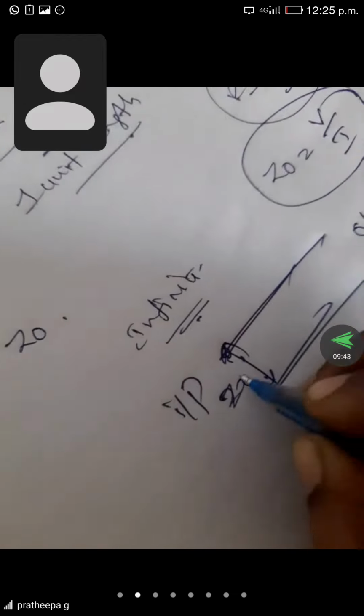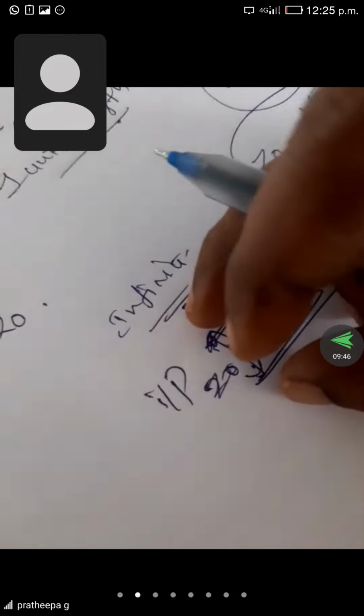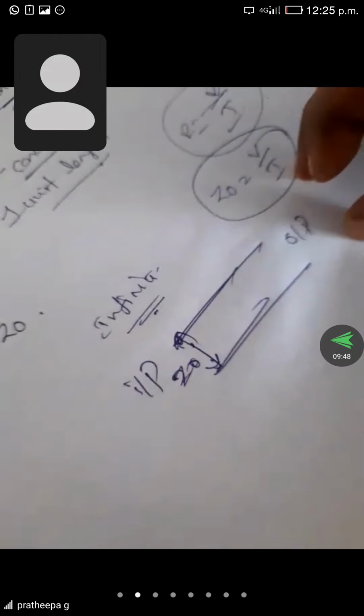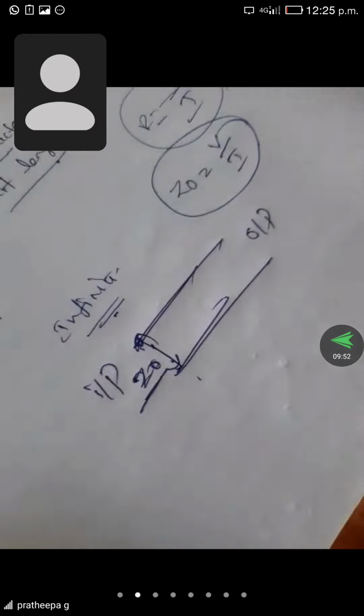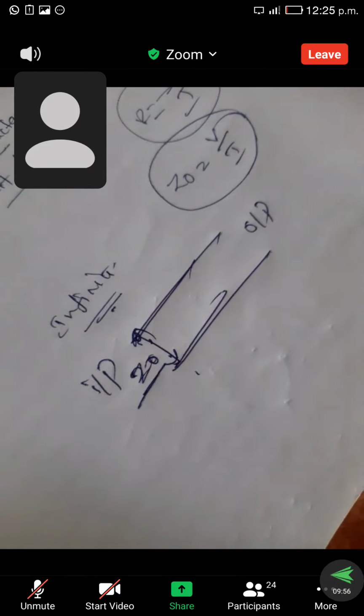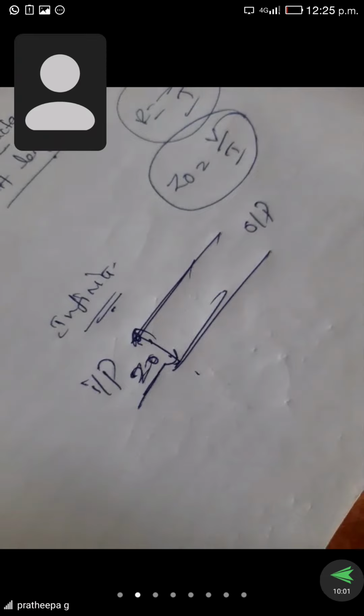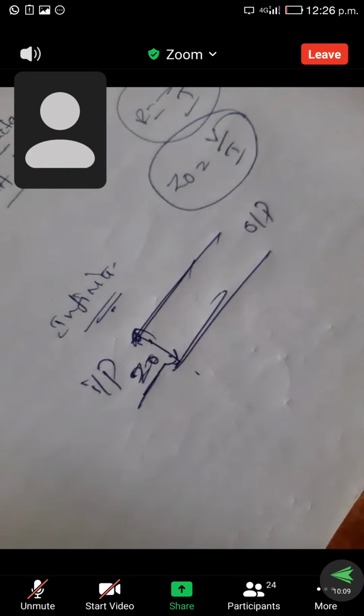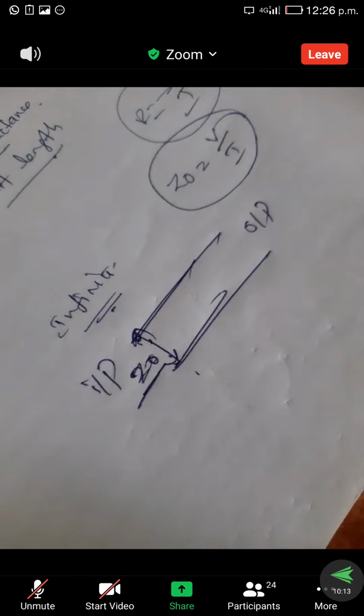The impedance measured at the input terminals of the infinite transmission line is called characteristic impedance.